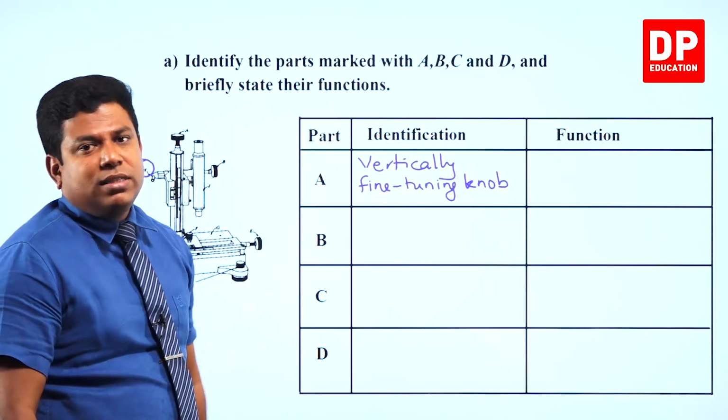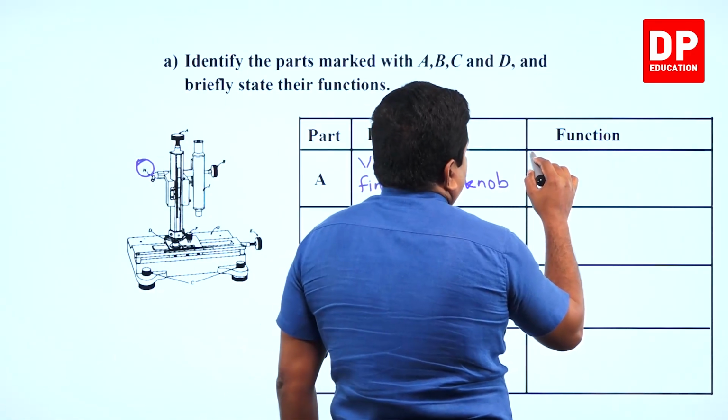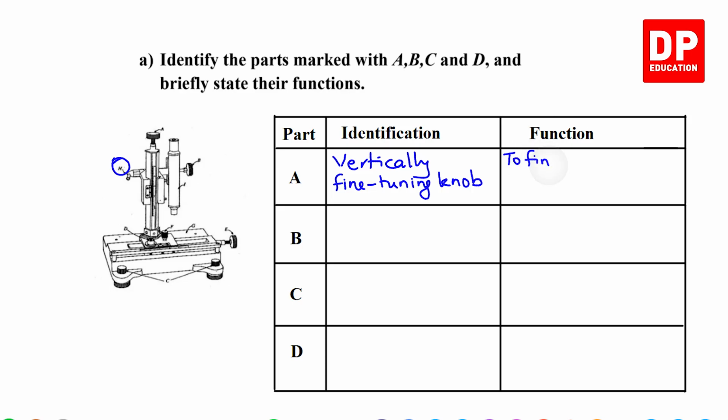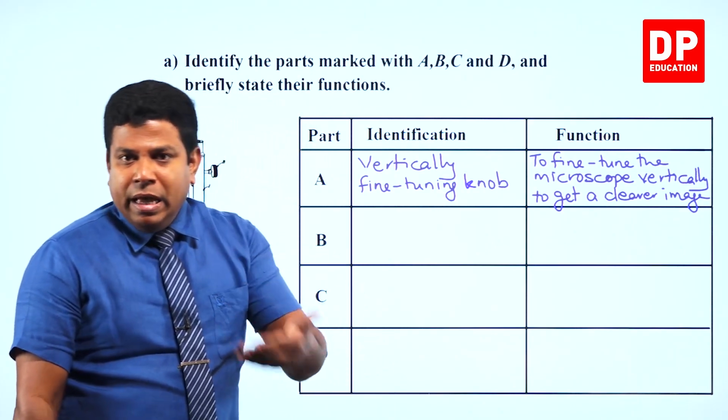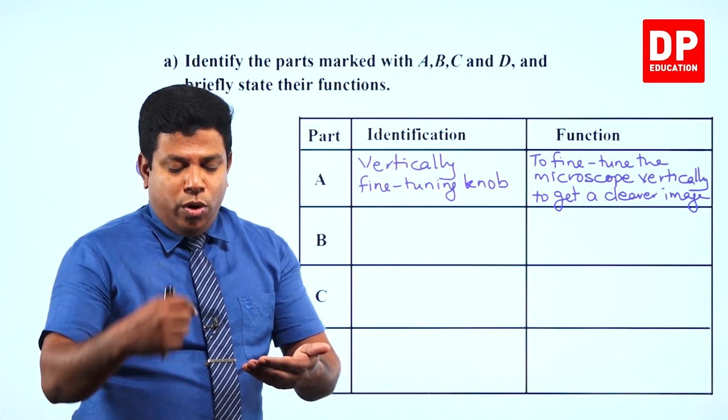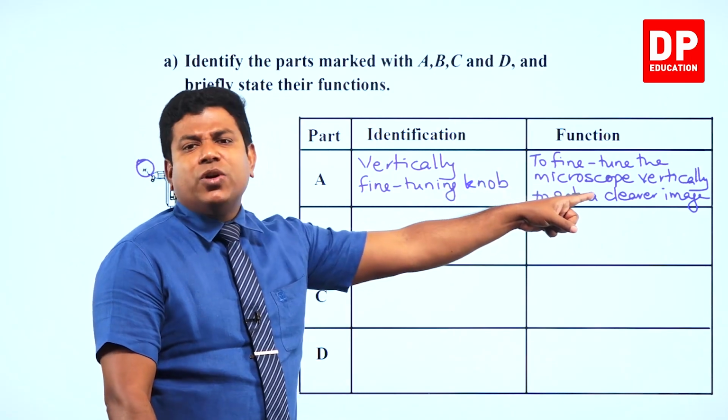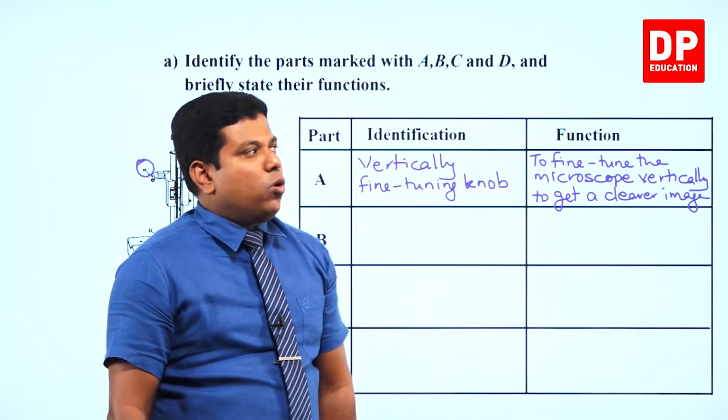So let's say the function of this is to fine-tune the microscope vertically to get a clearer image. To see the clearest image, what you do? You do fine tuning. You have to use the term fine tuning. If you did not use the term fine tuning, no marks for that.